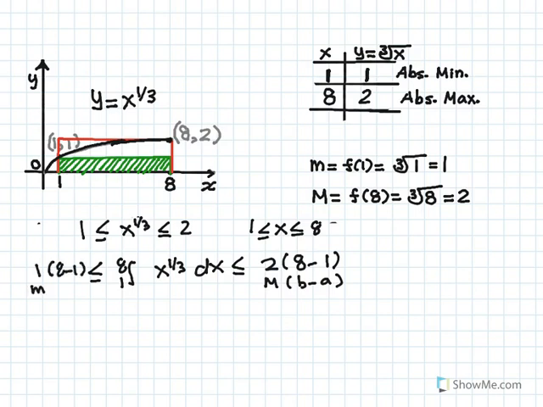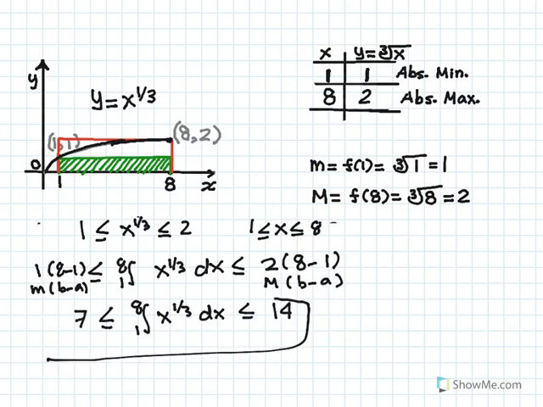This is small m times b minus a. So the integral from 1 to 8 of x to the 1/3 dx can be estimated to be between 2 times 7, that's 14, and larger or equal to 1 times 7, that's 7. So this is the estimation for this definite integral. It's between 7 and 14.